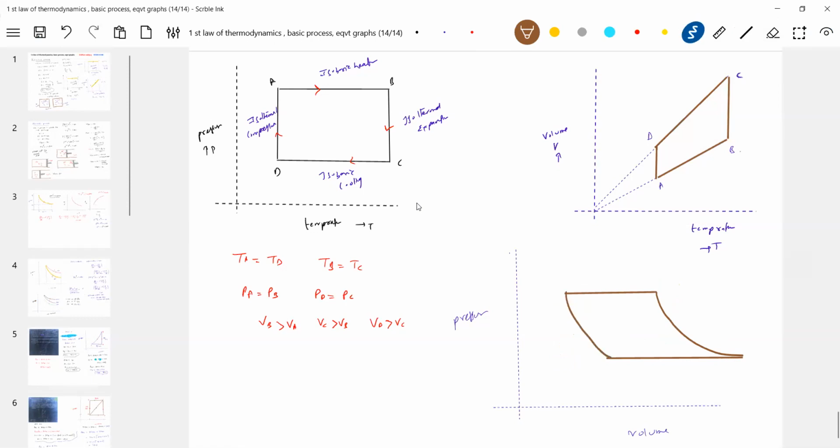Let's see whether we are right or wrong. Okay, these are the points A, B, C, D. The arrows will be like the previous one. Are we right or wrong about the shape of the curve? We have to check it now. VB greater than VA, as it is. VC greater than VB. VD should be less than VC, no?